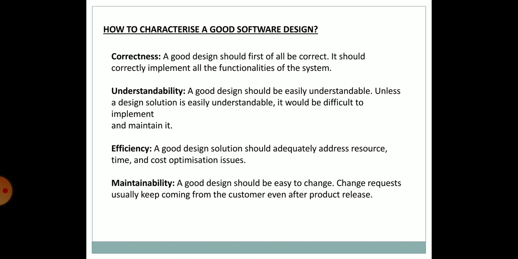A good design should be correct, that is, it should correctly implement all the functionalities of the system. It is a general characteristic for any process, for any type of software. Correctness should be an important criterion.